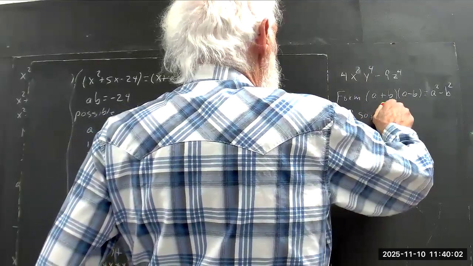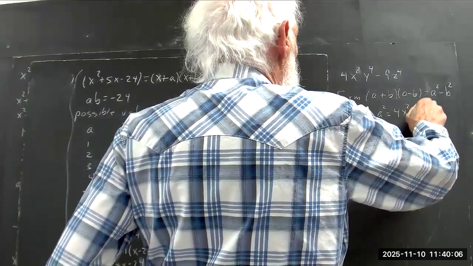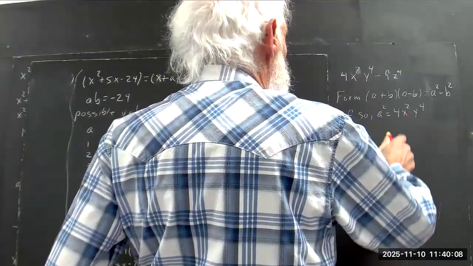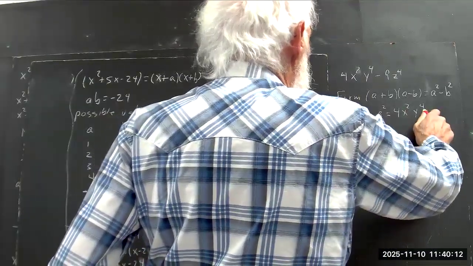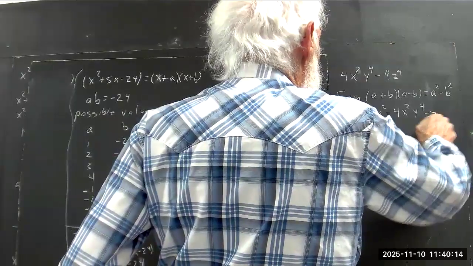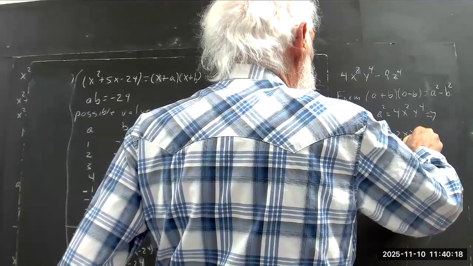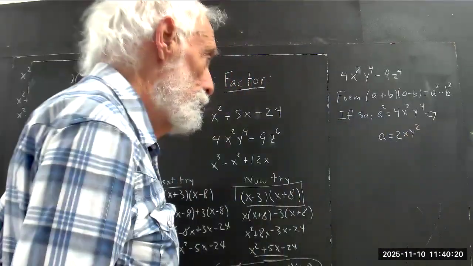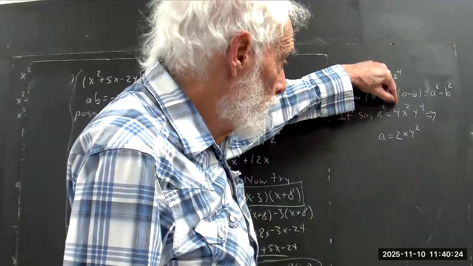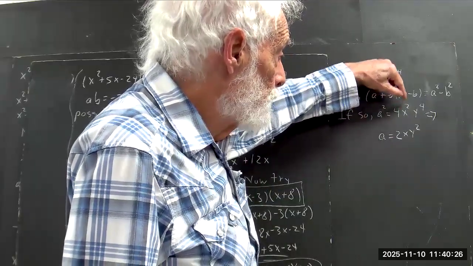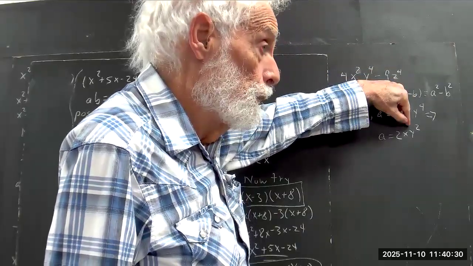If so, a squared would be 4x squared y to the fourth, which implies that a equals 2xy squared. If a squared equals this, then a equals the square root of this, which is 2, the square root of x squared, which is x, the square root of y to the fourth, which is y squared.